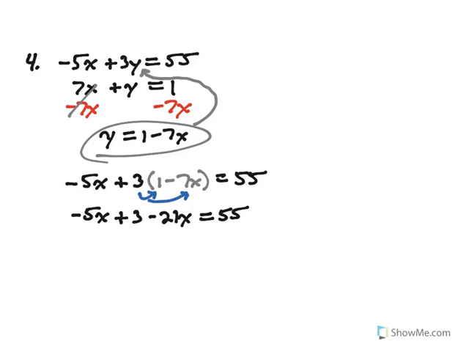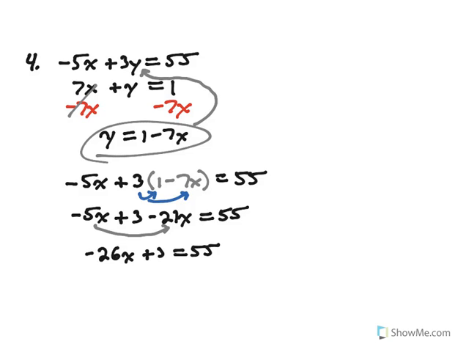Now, if we go ahead and combine the x terms, negative 5 and negative 21, that's going to give me negative 26x. Okay, so we want to be able to combine these two terms on the same side, and that's going to give me minus 26x plus 3 equals 55.